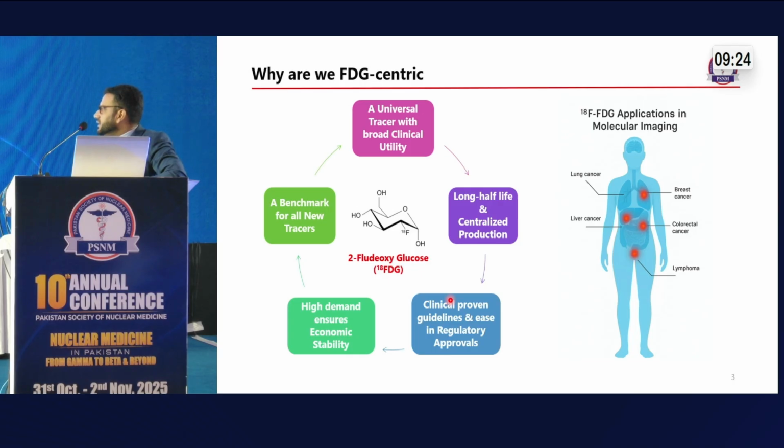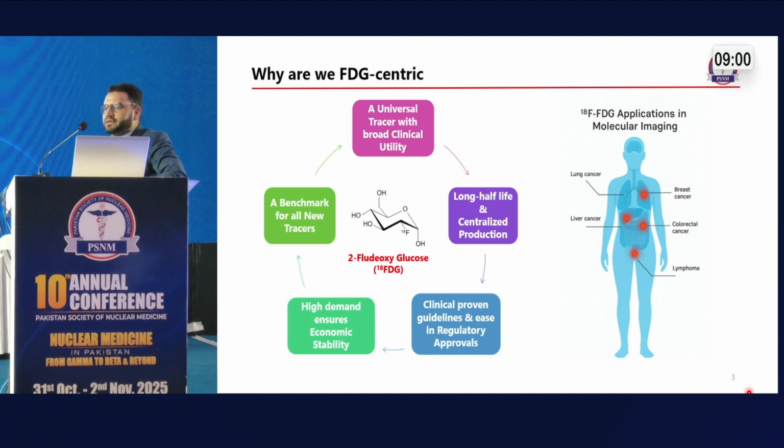The third thing is that FDG has clinically proven guidelines. There are well-written, well-documented, well-accepted protocols for both imaging and reporting the analysis. Then FDG has high demand, which ensures economic stability.